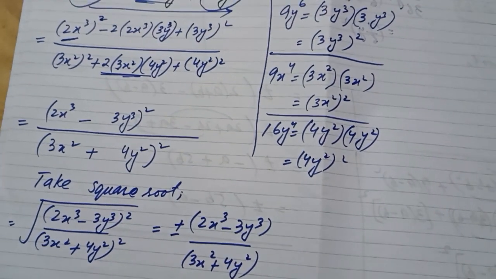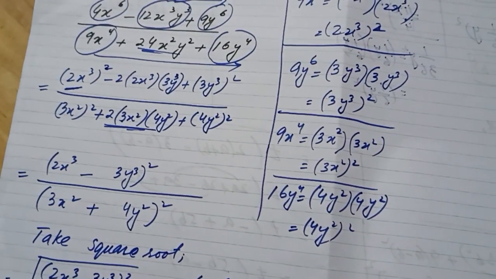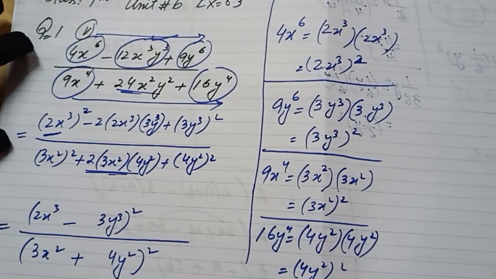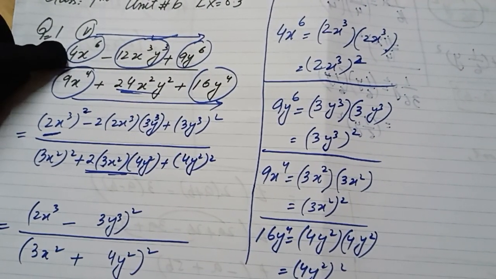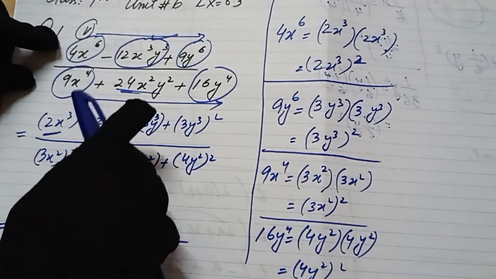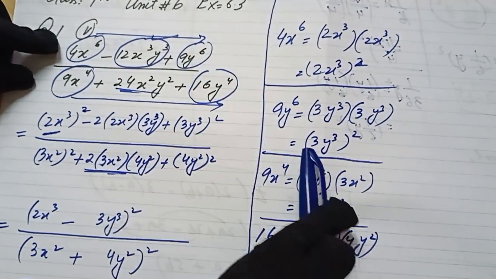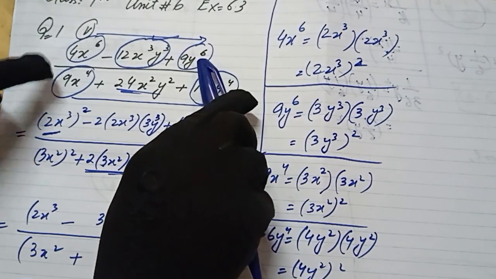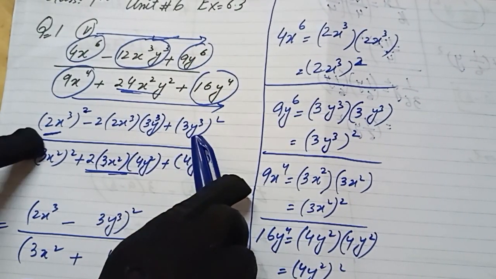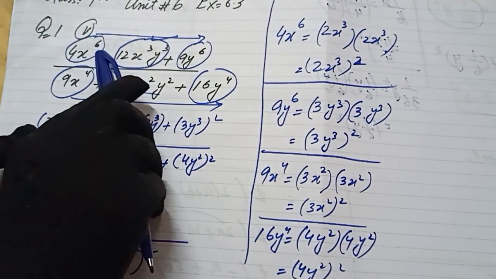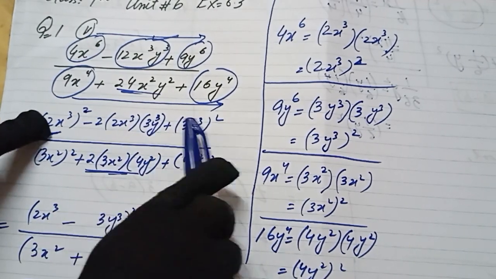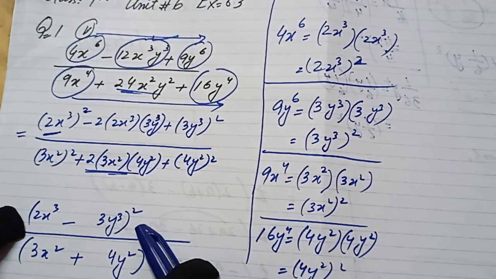Okay, so this is finished over here. Before going to the next part, let me revise once again what I did. The numerator I solved separately. In the numerator, first term factorized in a whole square, last term factorized in a whole square. Write down the first term in the square form, last term in the square form, and middle term with the same sign, minus 2 times first term and second term, and close in the whole square form.